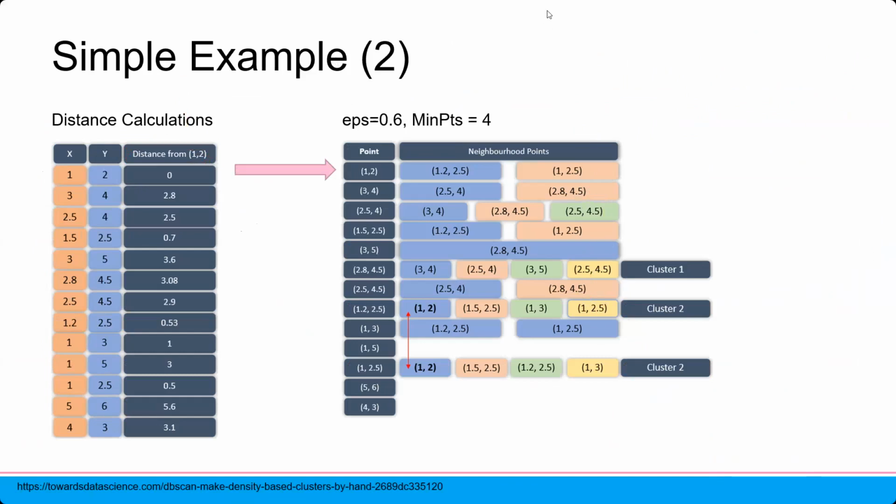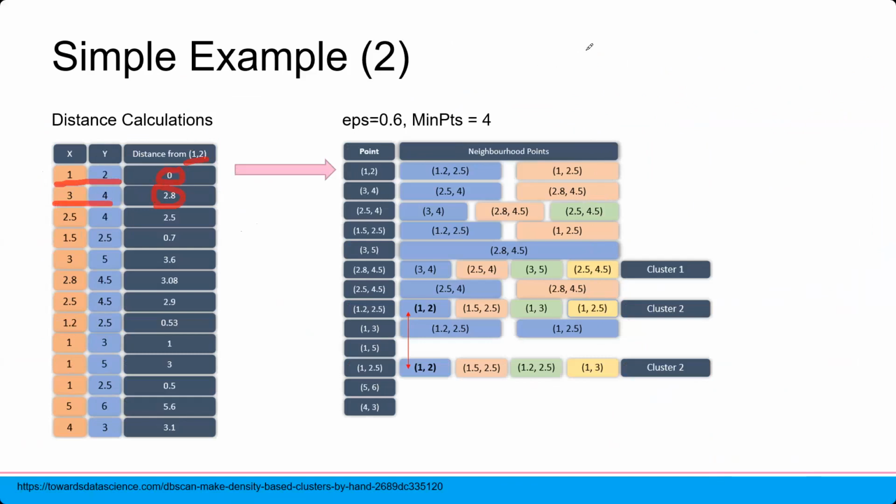The distance from 1,2 to 1,2 is 0. And the distance from 1,2 to 3,4? I think we use the Euclidean distance.